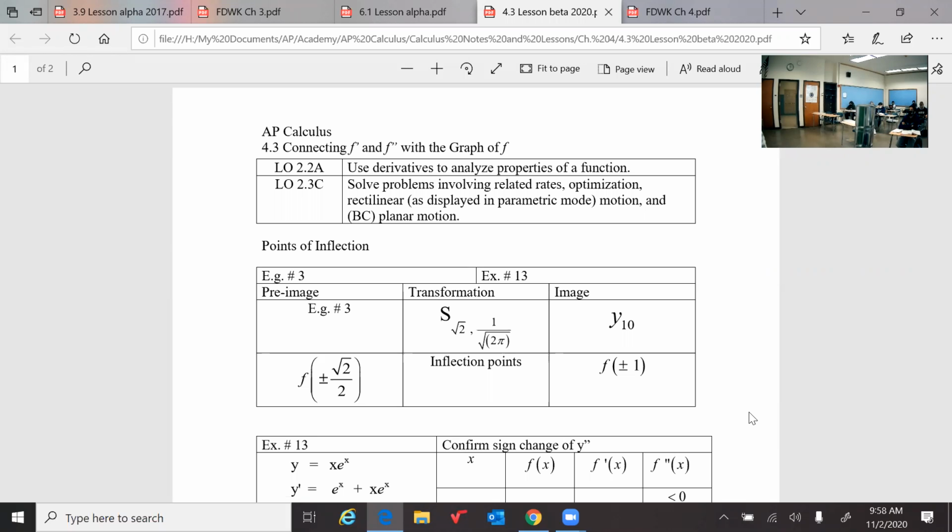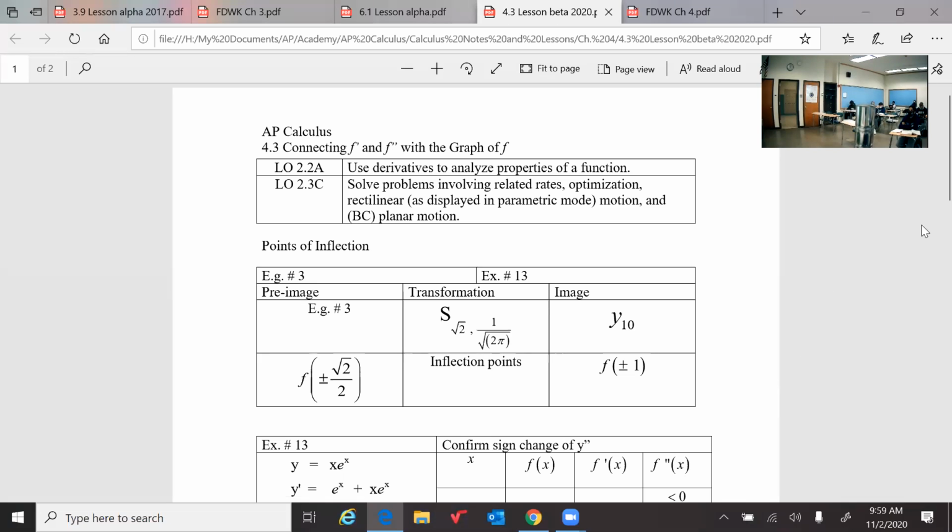So if you do this scale change to this example 3 parent graph, y equals e to the negative x squared, by doing the opposite. Divide x by root 2, divide y by 1 over the square root of 2 pi. It does two things. It moves the inflection points to -1 and 1, and makes the area under the curve 1.